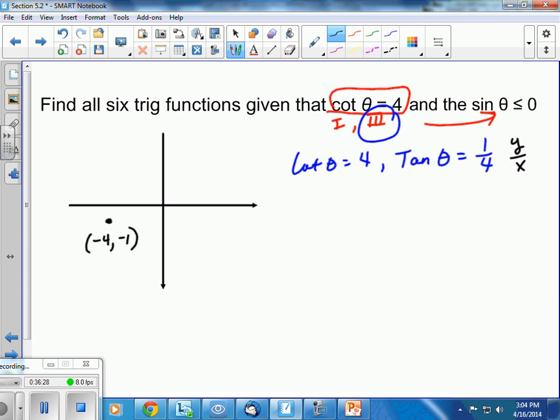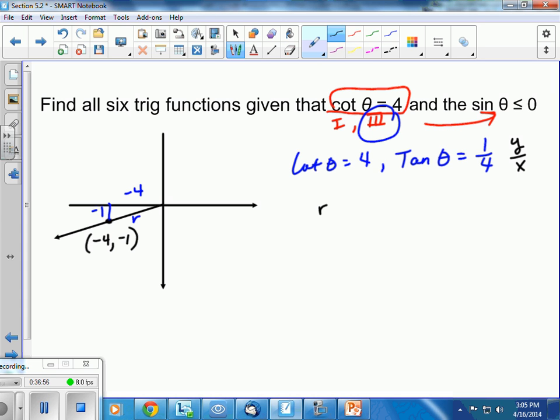And I certainly can then find my radius. This will be -1, this will be -4, and I can find my radius r by using the Pythagorean theorem just like we have done.